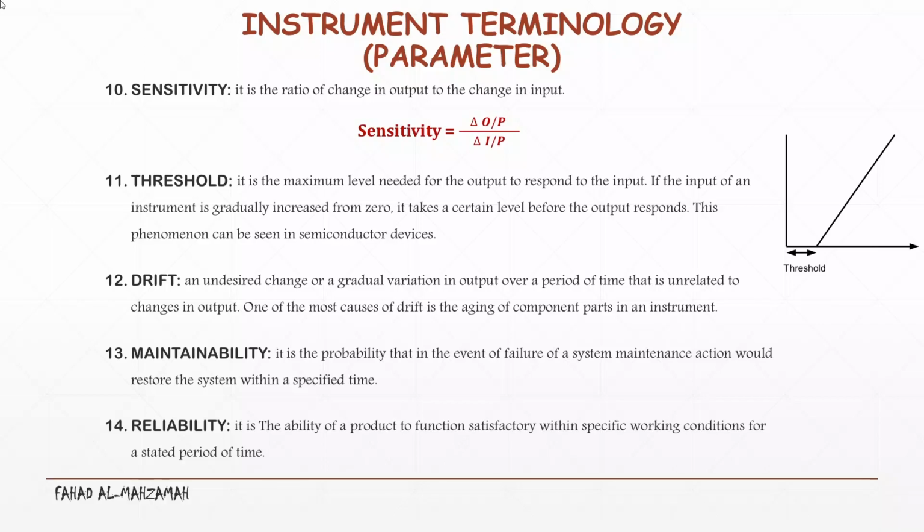In humidity, it works satisfactorily. In dusty weather, it works satisfactorily. With these different working conditions, or if you have high wind, there will be no vibration or change in the reading. So I can say it's a reliable instrument. So that's all about the instrument terminologies.